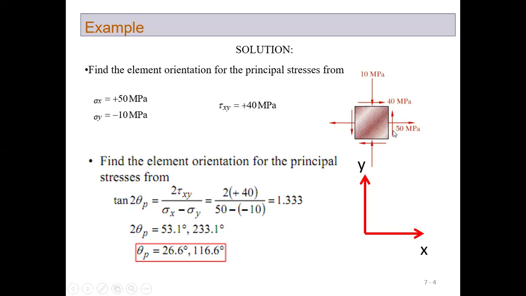So tau xy you have to take as positive, whereas tau yx, which is equal in magnitude to tau xy, would be opposite in direction to tau xy.